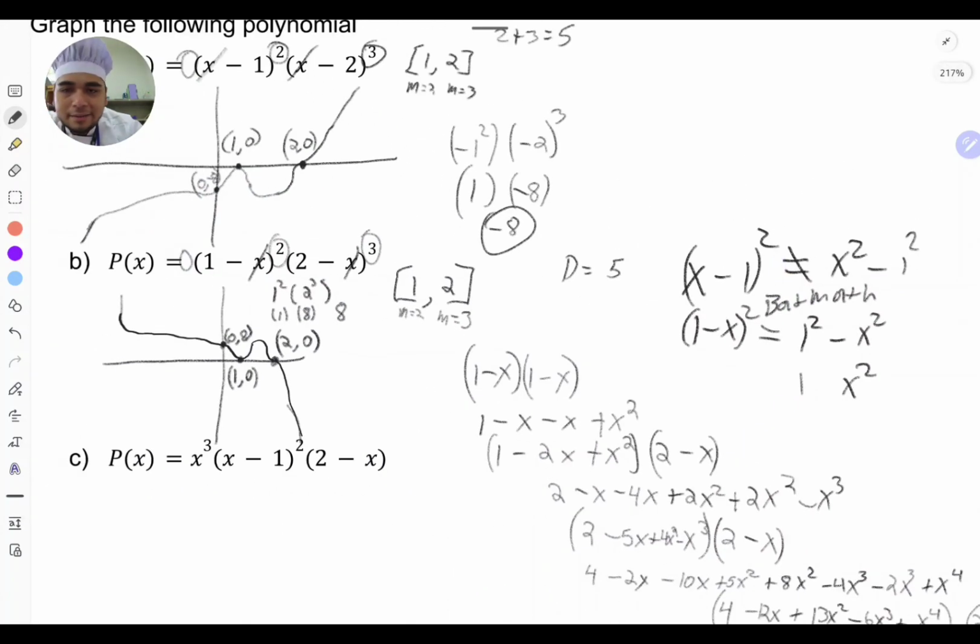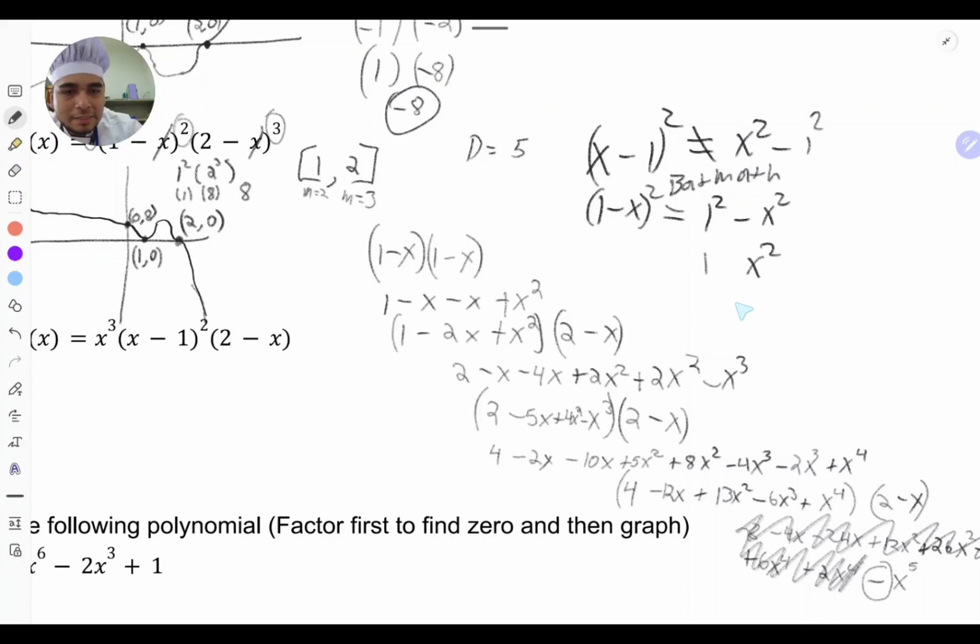Okay, so again, using bad math, you could do the same thing with the other one. So 2 minus x cubed. With bad math, you would get 2 cubed minus x cubed, right? So with that being said, we can see that this and this ends up a result of negative x cubed, okay?